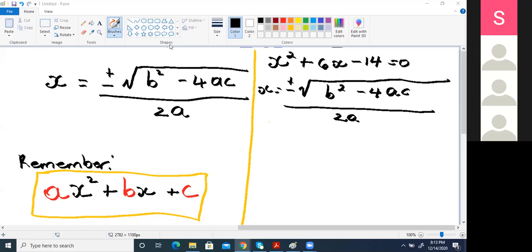It's negative b here. I know it looks wrong. So please fix that for me. There's supposed to be a negative b right there, and catch it up. All right, I'm going to catch it here.